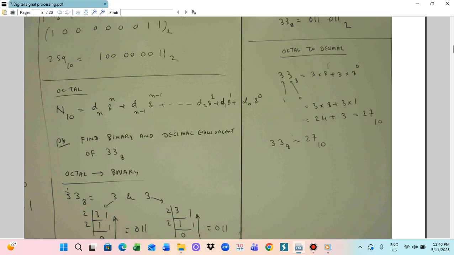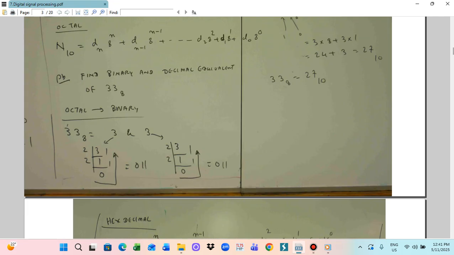So 3 multiply 8 power 1 is 24, 3 multiply 8 power 0 is 3. So 24 plus 3 is 27. So 33 base 8 is equal to 27 base 10.